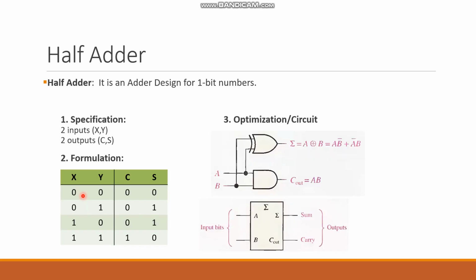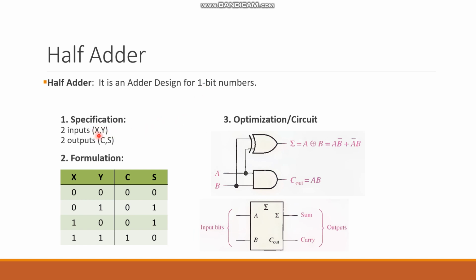But let's talk about the half adder first. It's an adder designed for 1-bit numbers. That means whenever you have two numbers to add together, and each of them is only 1 bit, we need to use a half adder. What are the specifications?